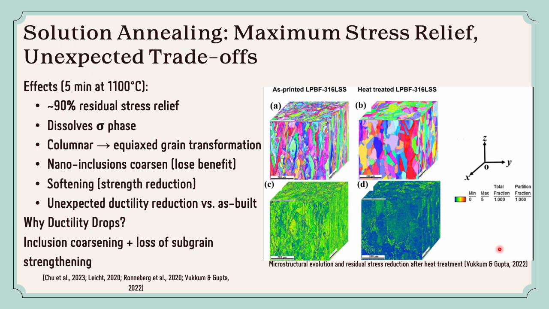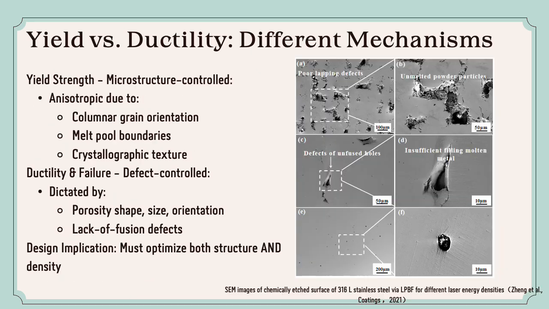Interestingly, studies have also reported a reduction in ductility compared with the as-built condition. This is mainly because the inclusion coarsening and loss of subgrain strengthening reduce some of the benefits created during the LPBF process. So, while solution annealing is excellent for stress relief, it does not always provide the best overall mechanical performance.